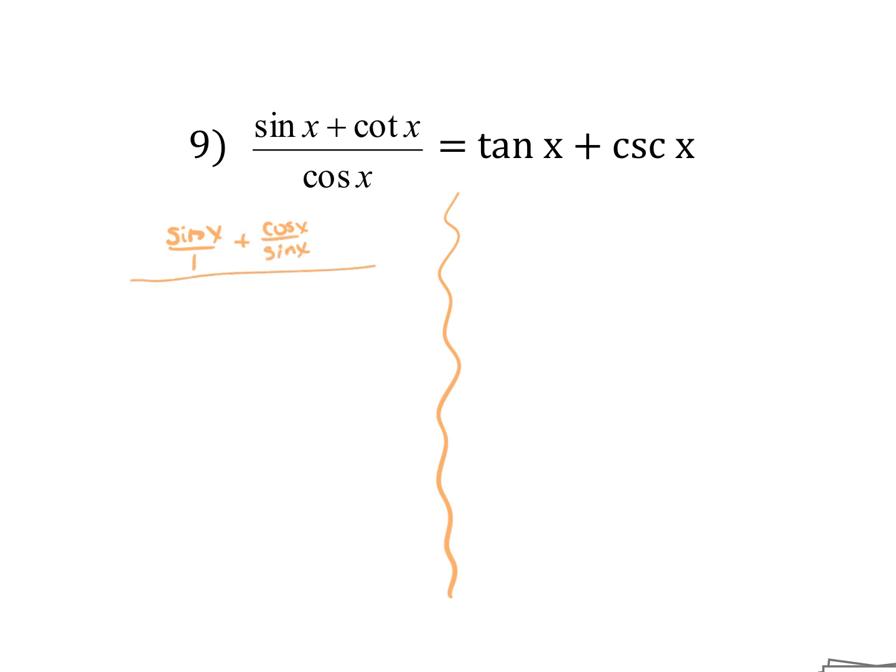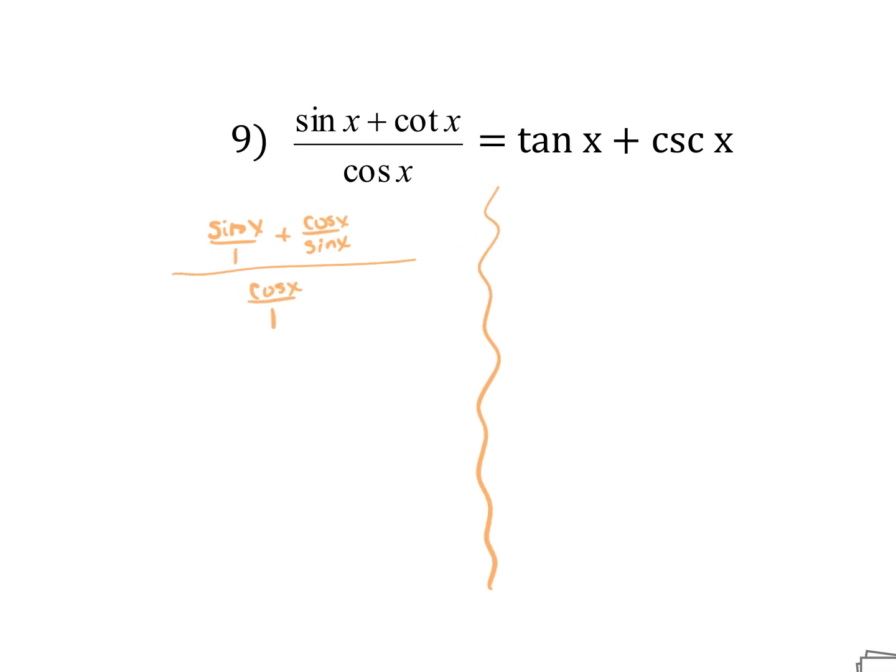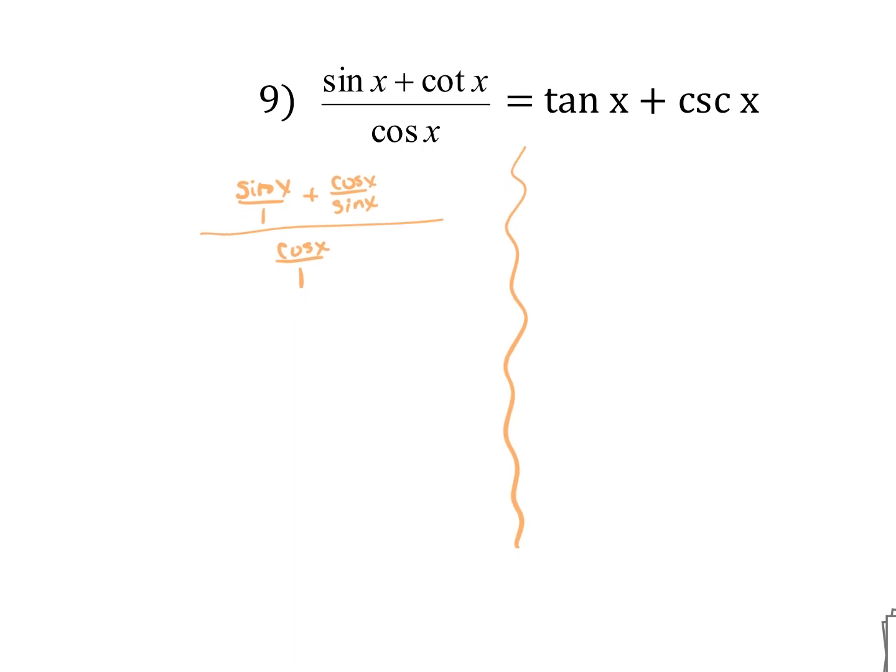And then this is all over cosine x over 1, basically. Okay? All right, now what? I'm thinking we need to do a keep it, change it, flip it. So we're going to multiply by 1 over cosine x when we flip.